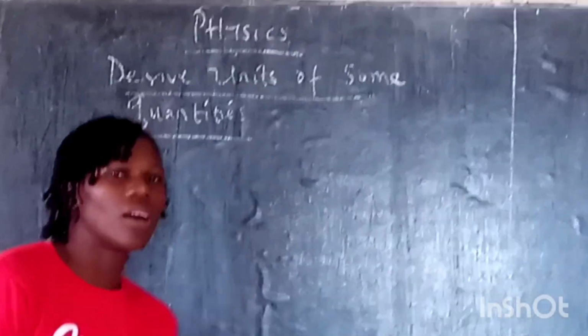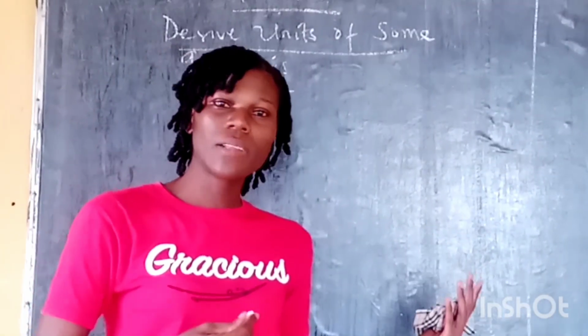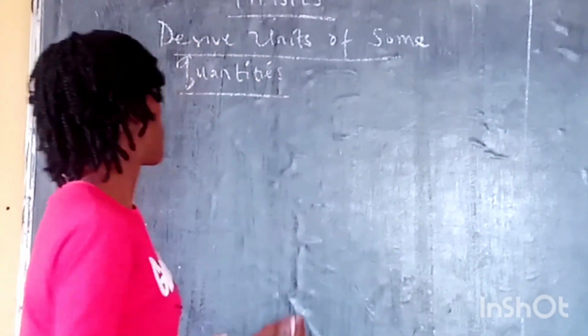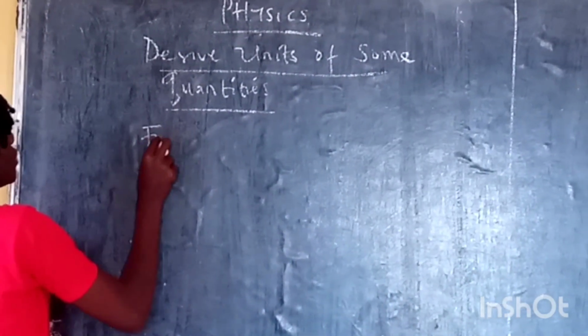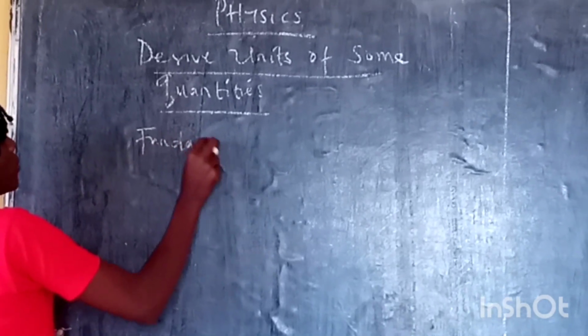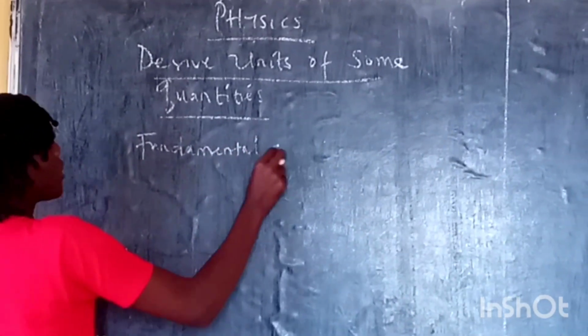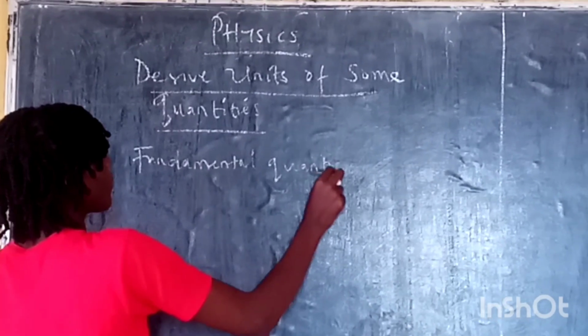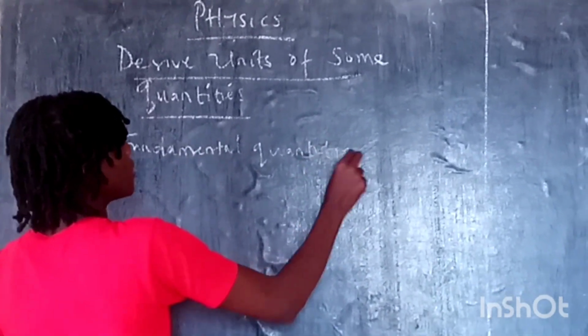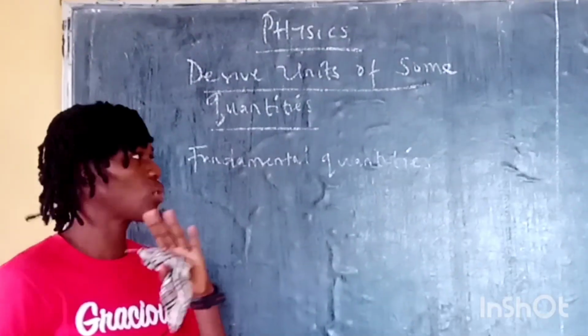And probably I know we can remember the fundamental quantities. I'll just use short form to explain. The fundamental quantities are actually 7 in number, so I'll just outline them.